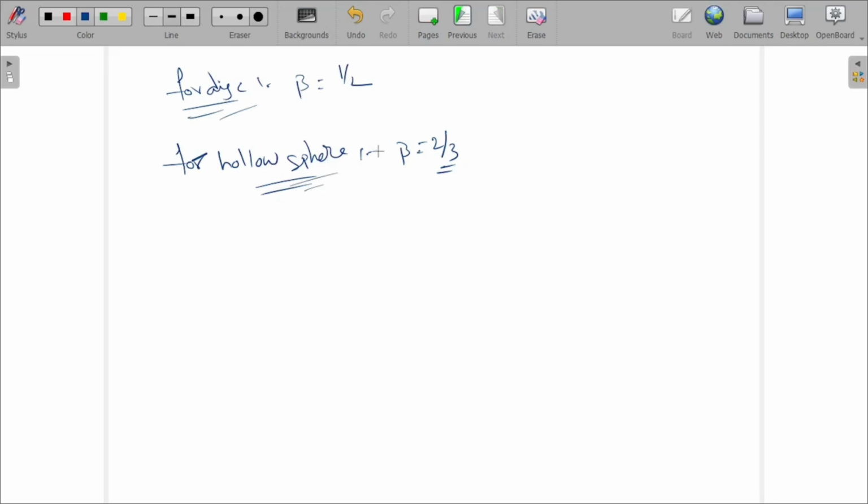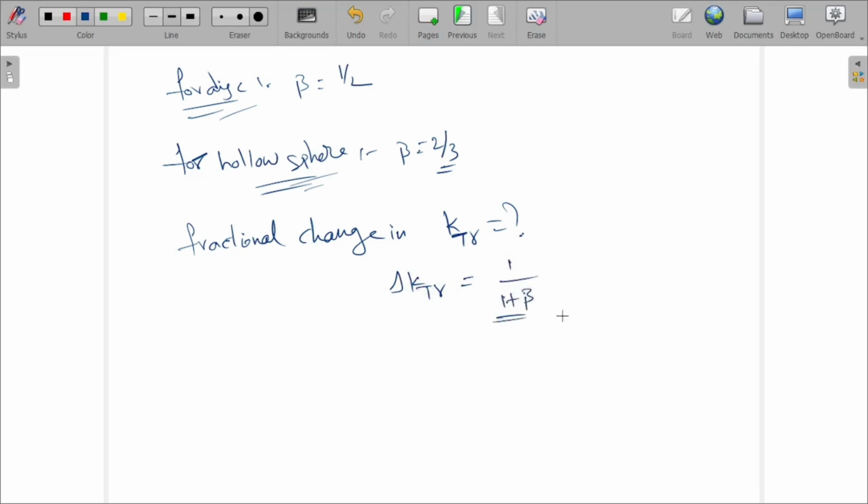Got it? Next. What is the fractional change in translational kinetic energy? The fractional change in translational kinetic energy will be equal to 1 by 1 plus beta.